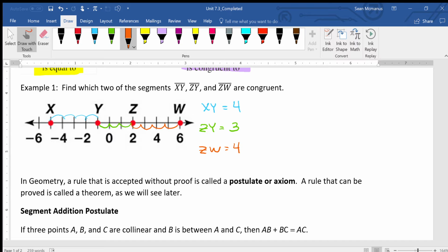So I see both segments XY and ZW are equal to 4 units. So I can say that those segments are congruent. From these calculations, segment XY is congruent, an equal sign with a little squiggly tilde on top, with segment ZW.